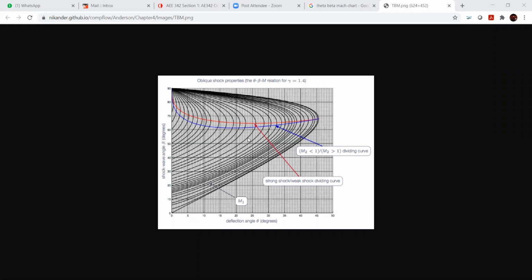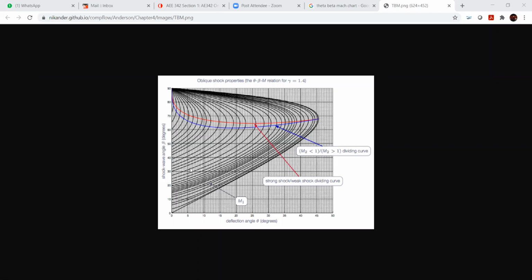If you focus for a second on one of the curves, you see that as theta increases, beta increases, for a given free stream Mach number that is constant along this curve. So you are flying at the same Mach number, changing your ramp angle, for example.